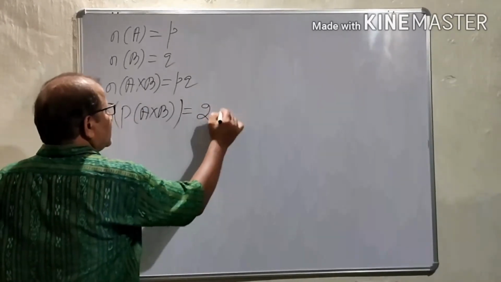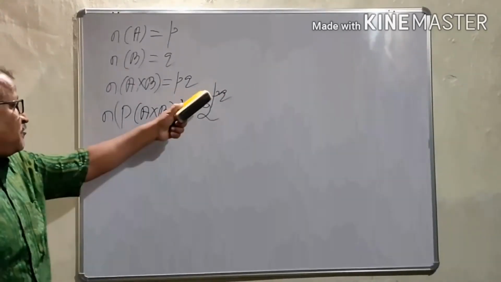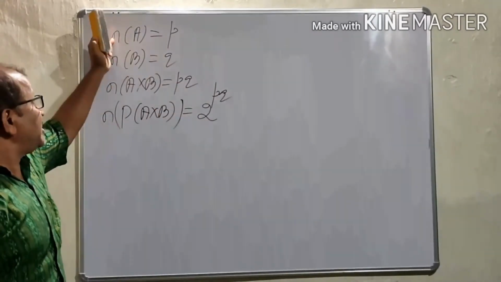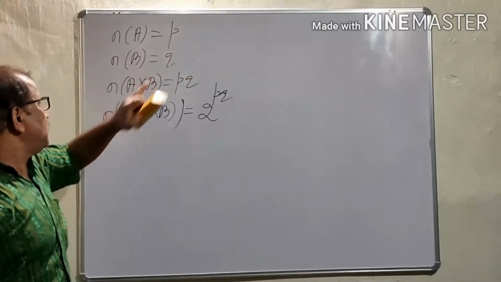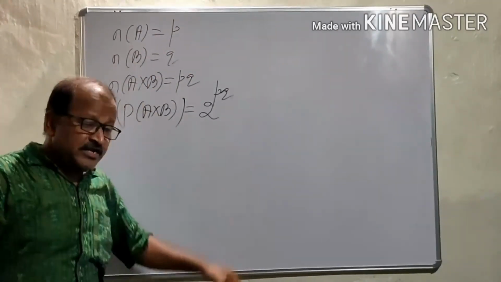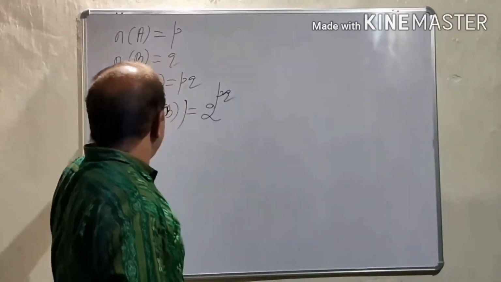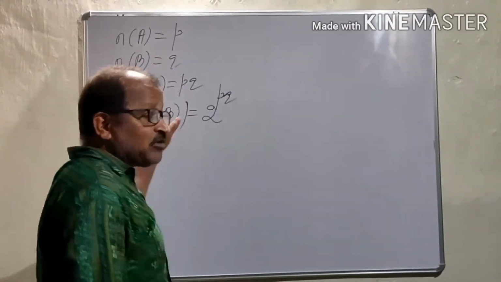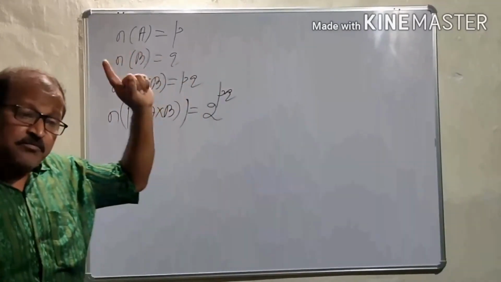It will be 2 to the power PQ, if the cardinality of A is P and the cardinality of B is Q.